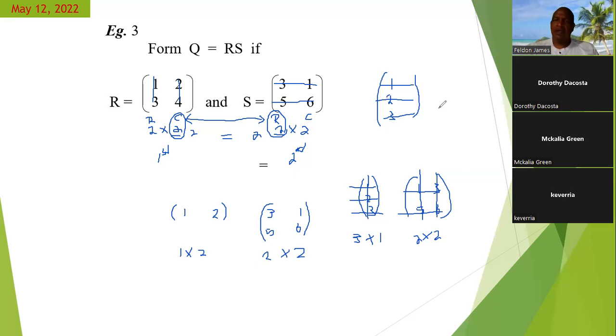Right. So once you have 3 numbers going down, it means that you have 3 rows. You understand? Yes. So the amount of numbers going down tells you the amount of rows. So you have 1, 2, 3 rows.